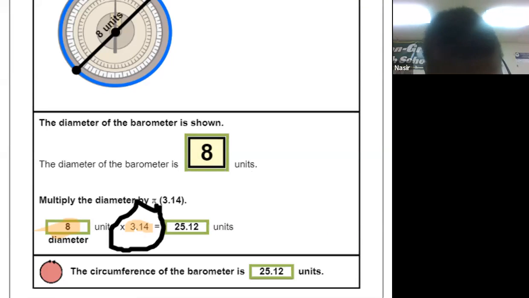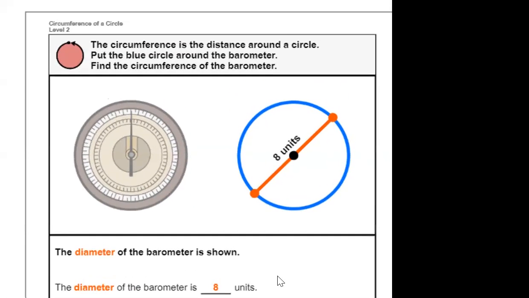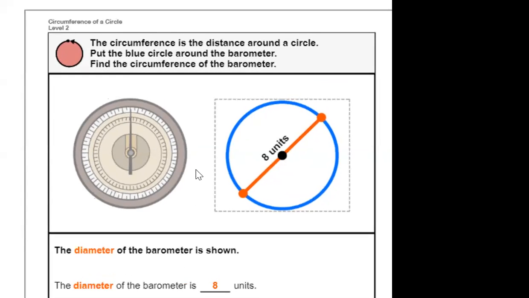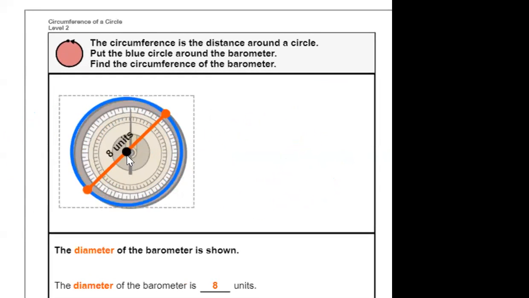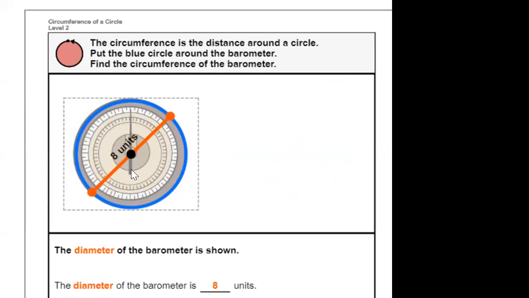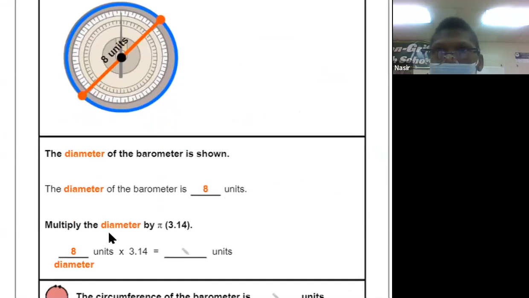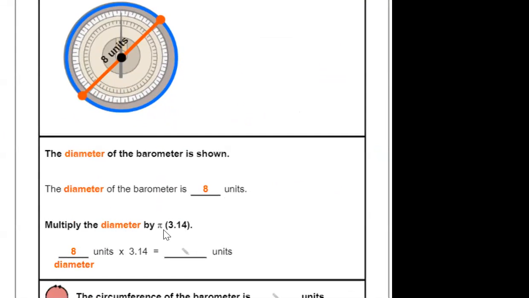Okay? This is a little bit more practice with the same. So circumference is the distance around the circle. So again, we're going to put our circle around our model right here. Multiply the diameter by pi.